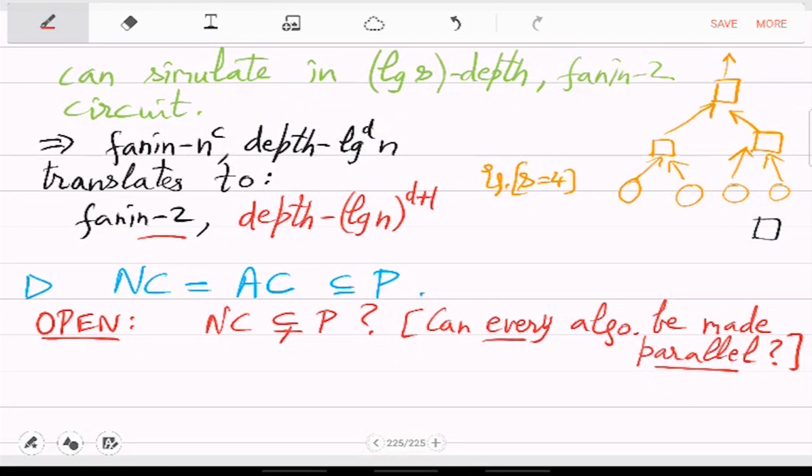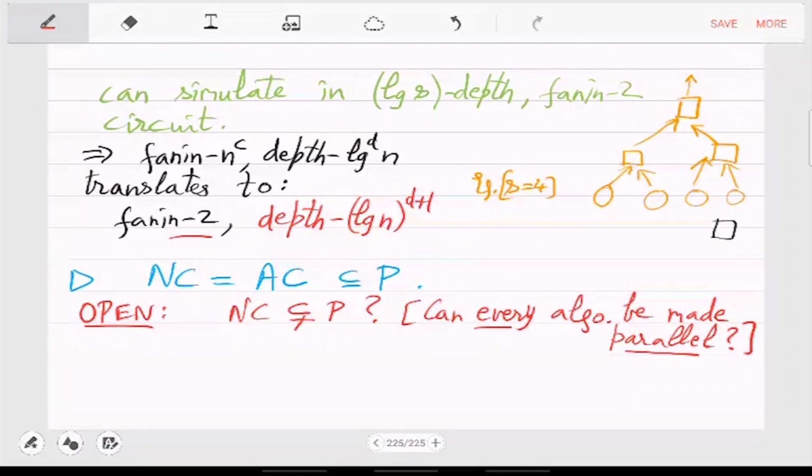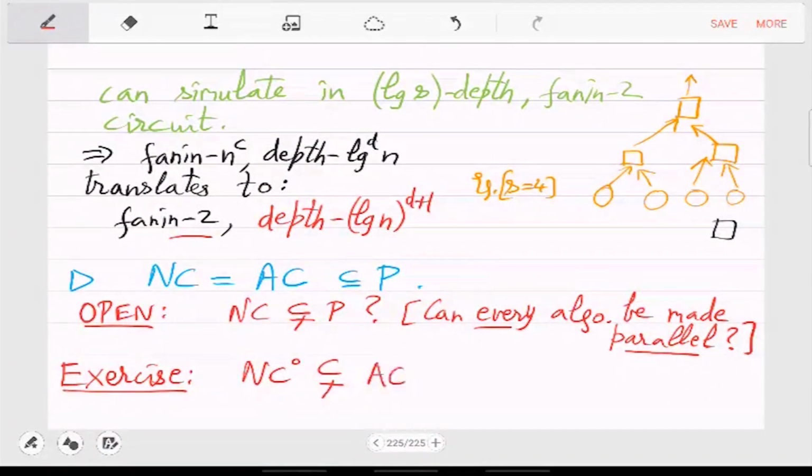So as an exercise, I leave it to you that NC0 is strictly smaller than AC0, and AC0 is strictly smaller than NC1. Okay, I leave this to you. It has a simple proof.